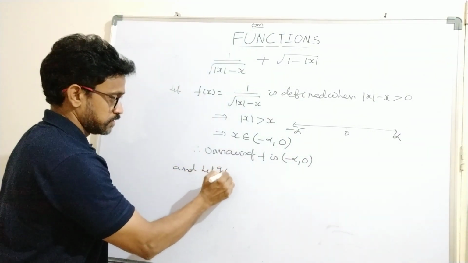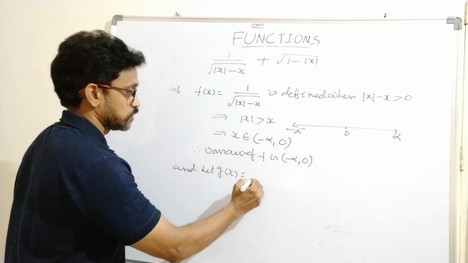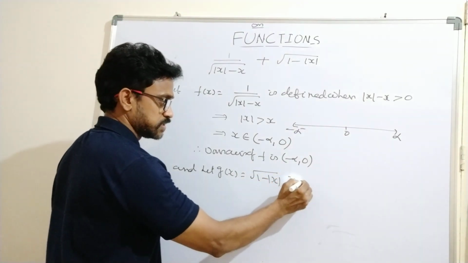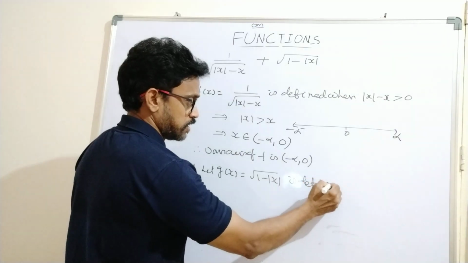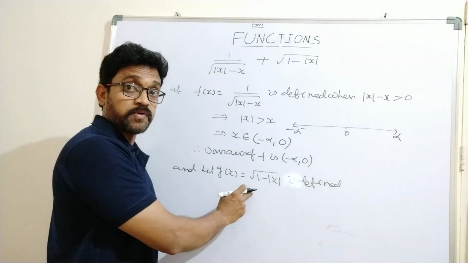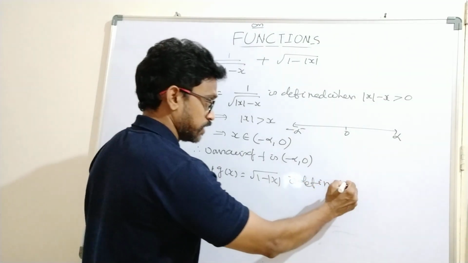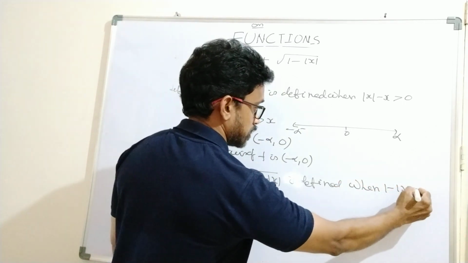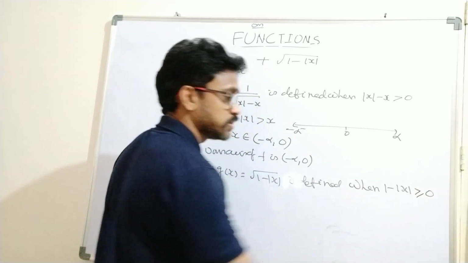And let g of x is equal to root over 1 minus mod x. This is of the form root over f of x. That's why this function is defined when 1 minus mod x is greater than or equal to 0.